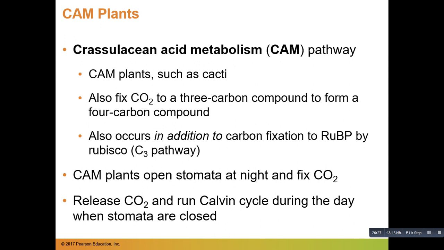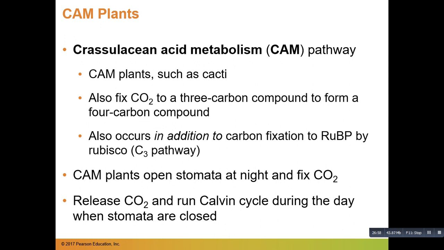So these CAM plants are also able to fix carbon dioxide to a 3-carbon compound in order to form a 4-carbon compound, just like our C4 plants. This again also occurs in addition to the regular Calvin cycle carbon fixation to our 5-carbon sugar, RuBP, by Rubisco. That's our Calvin cycle pathway, our C3 pathway.